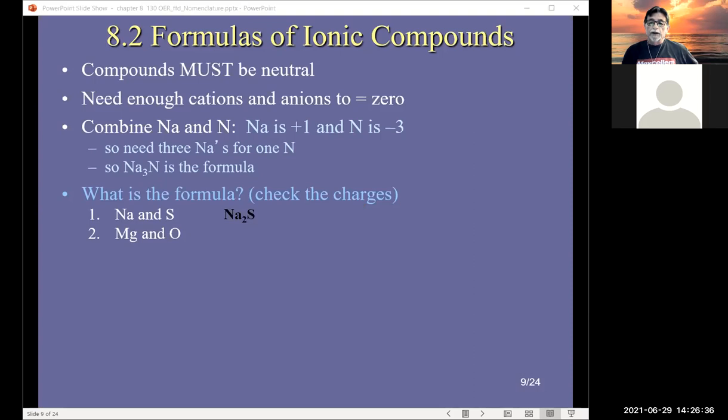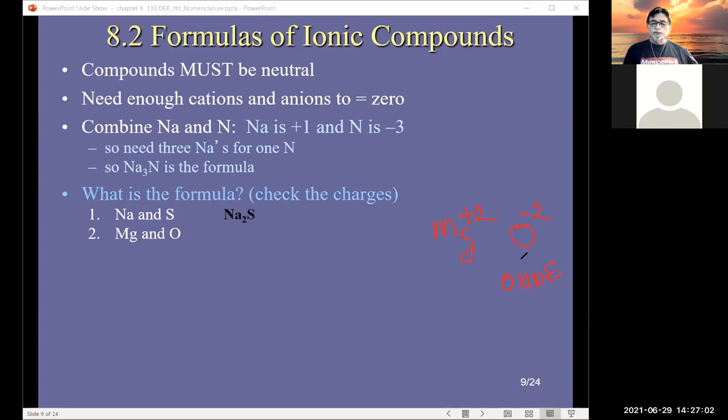Okay, we got magnesium, and I know it's in group 2, so magnesium is a +2 charge. Oxygen is in group 6, becomes an ion, ends up with a -2 charge. Okay, and so also its name goes from oxygen to oxide.